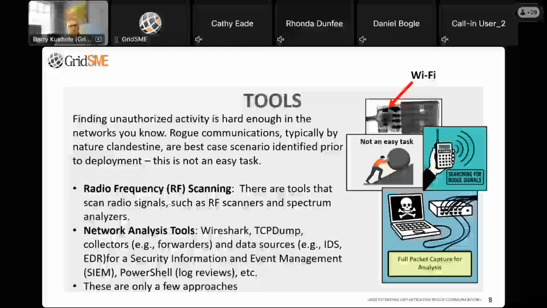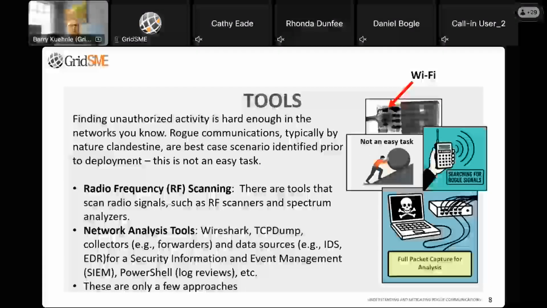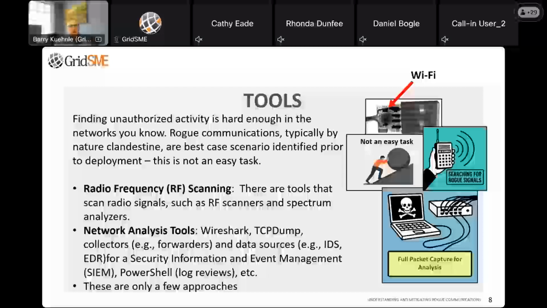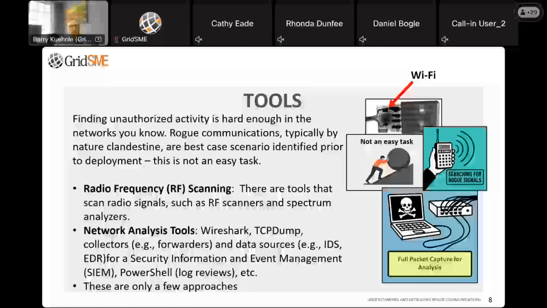So they may even build in something that doesn't initiate for a month or 2 months or maybe even a year, right? So the clandestine nature of what some of these devices are can be very, very malicious in their intent, and they're very sneaky as well, knowing that someone would try to look for different ways to detect these, right?